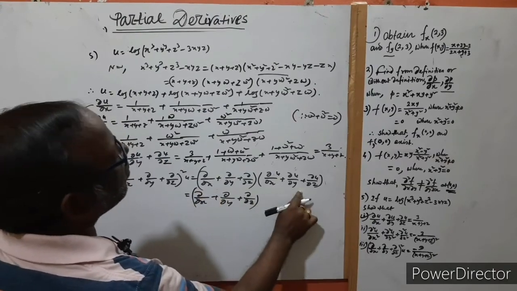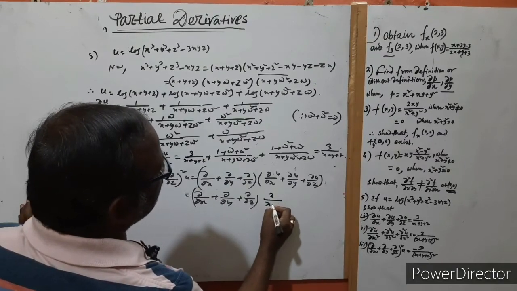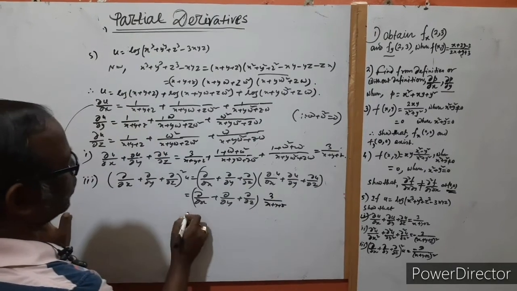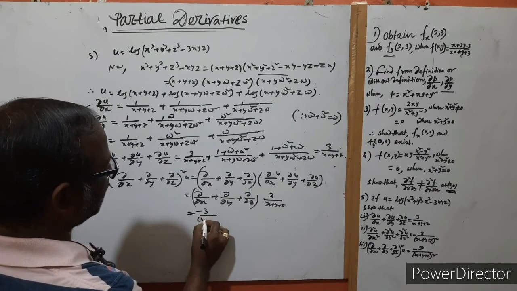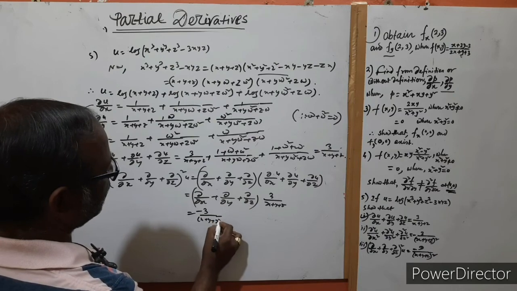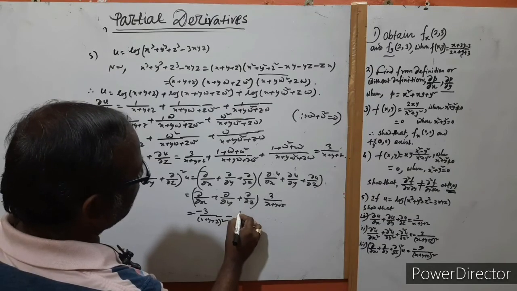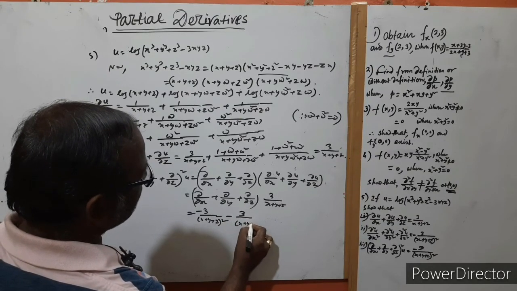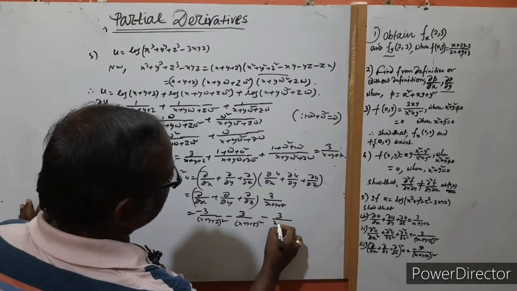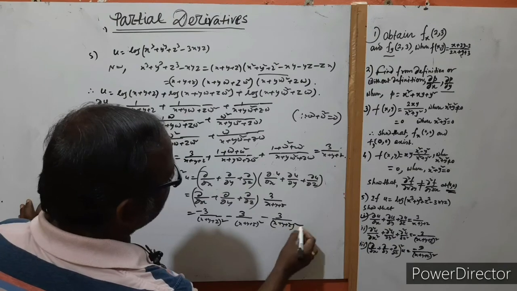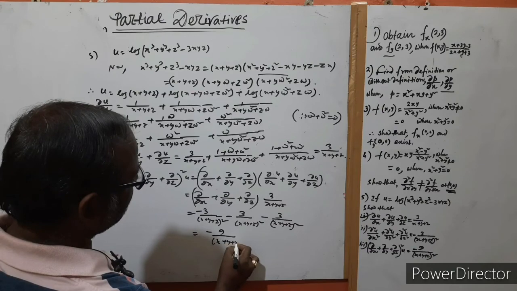See, the value of that is 3/(x + y + z). Differentiating this with respect to x, there is minus 3/(x + y + z)². With respect to y we get minus 3/(x + y + z)², and with respect to z also minus 3/(x + y + z)². So the total is minus 9/(x + y + z)².